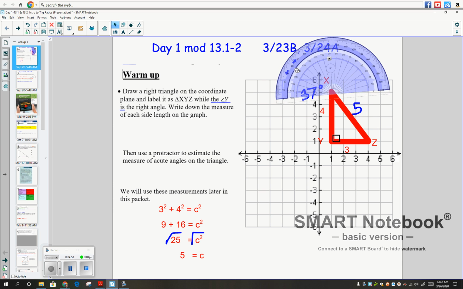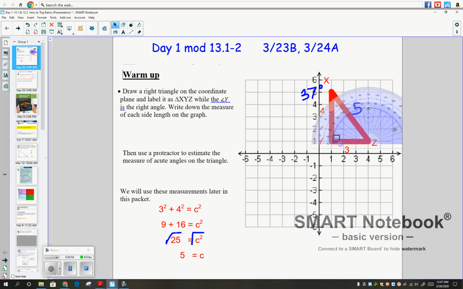Well, I know that angle Y is 90. If I come down here to measure angle Z, up a little bit more in the middle here, I've got about 53 degrees.